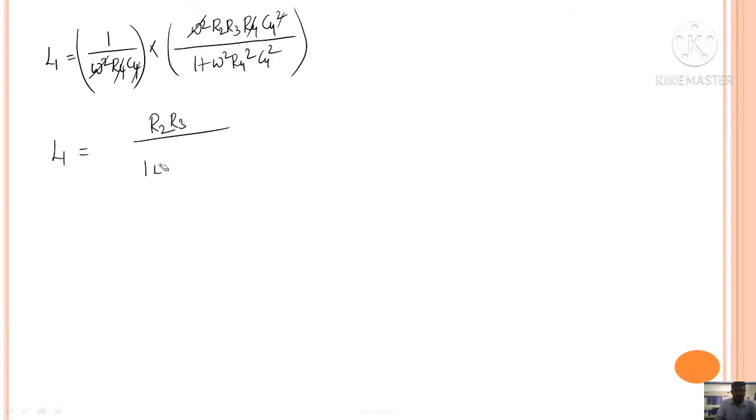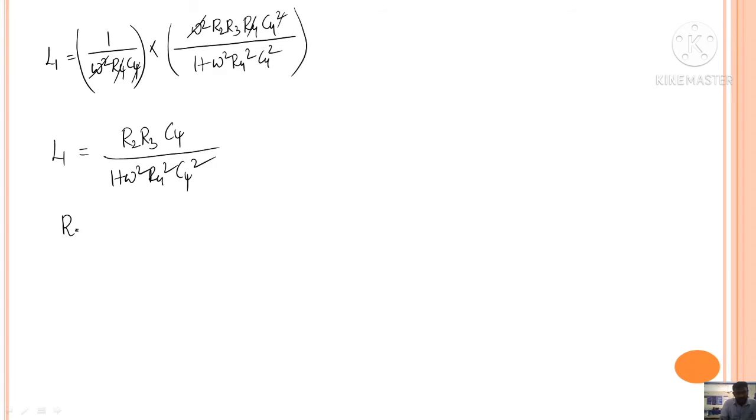So in the numerator, what you will get? R2, R3 and C4. One C4 got cancelled, divided with 1 plus omega square R4 square C4 square.